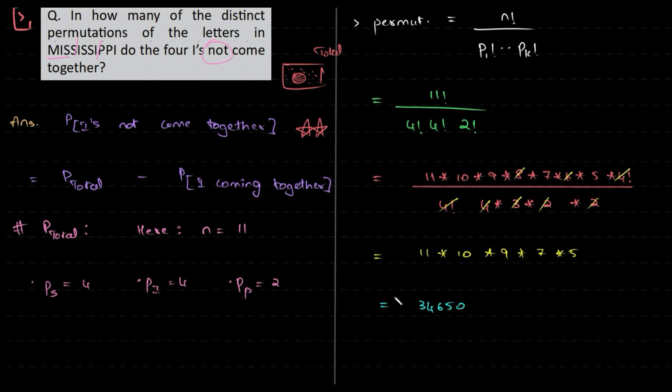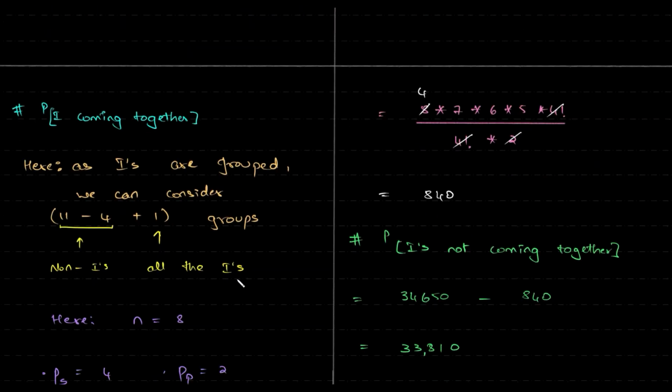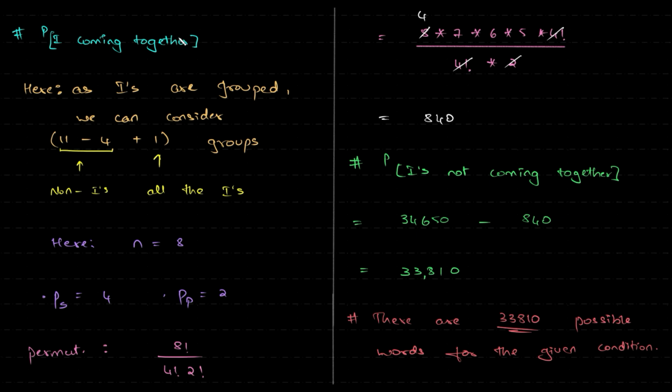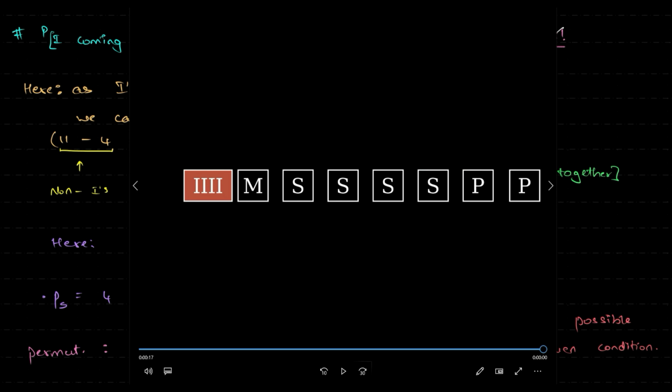So finding the total is not that big a deal. Yes, you need to keep this in mind. Now I's coming together is again a tricky scenario. This is where people find it difficult. You just have to consider them as a group, something like this, right? So this is a possibility. Okay, and shuffling around M and all of that.